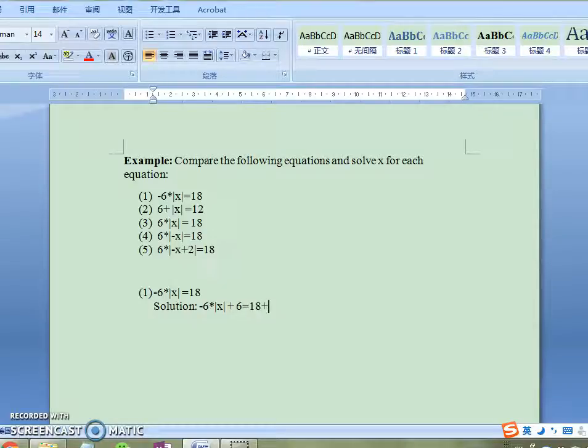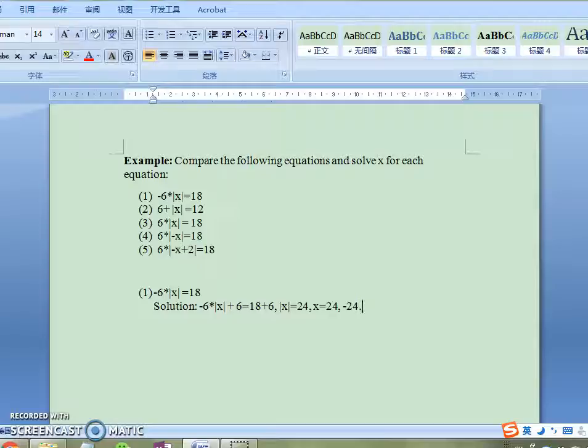Keep in mind, we always need to add a number to both sides. Okay, so -6 plus +6 equals 0, and the left side is the absolute value of x, and the right side is 24. In this case, x equals either 24 or -24.